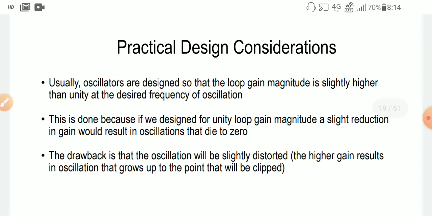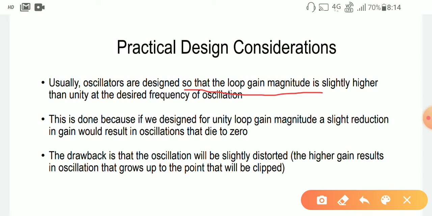When you do the practical design of an oscillator, there are three things you should remember. Usually oscillators are designed so that the loop gain magnitude is slightly higher than unity. Practically it is equal to unity, but in this case a little bit higher.